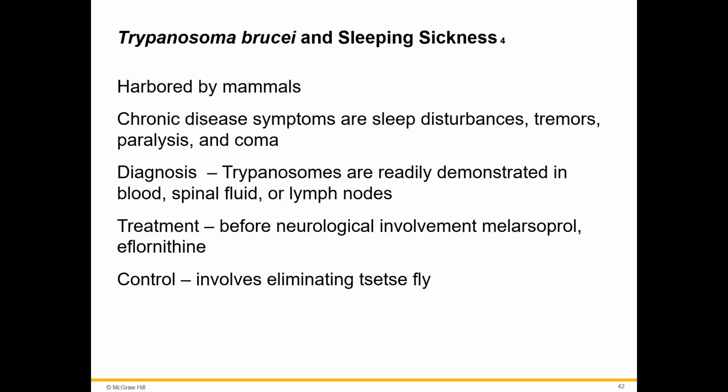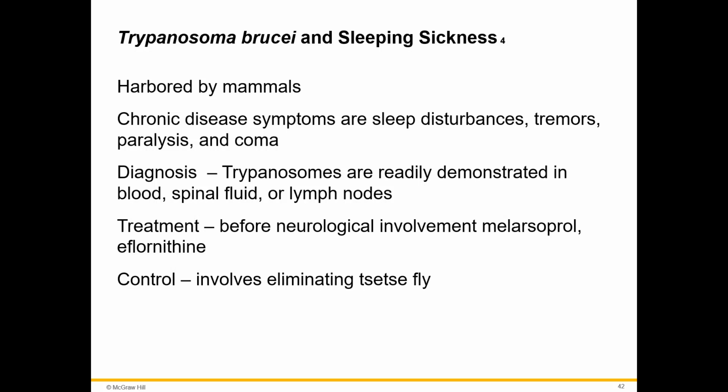If you catch it early enough, before it gets into the neurological or central nervous system, you can use melarsoprol, eflornithine, okay? But once it reaches that neurological area, the CNS, it's kind of game over, guys.